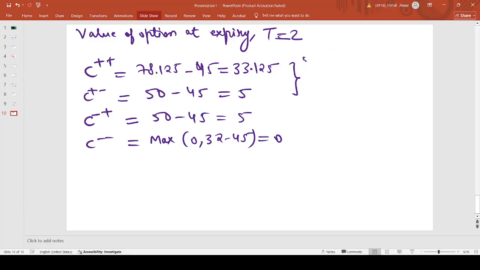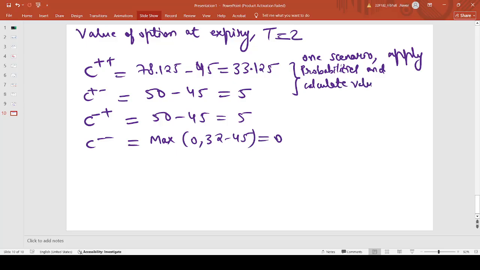Apply probabilities and calculate value at t is equal to 1, as we discussed.